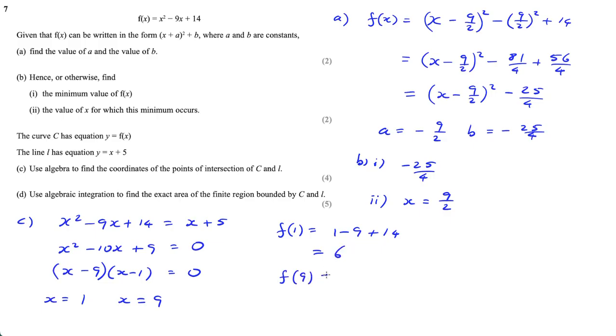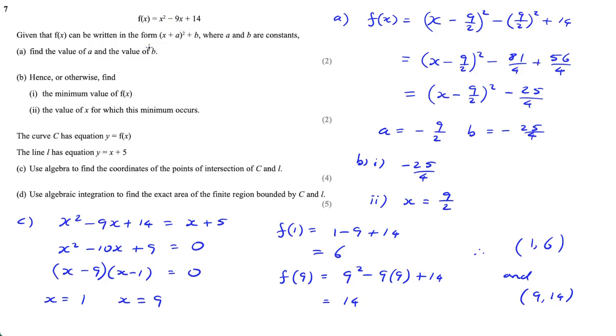And f of 9 is 9 squared minus 9 times 9, which is 0, plus 14, which is 14. Therefore, the coordinates are 1, 6 and 9, 14.